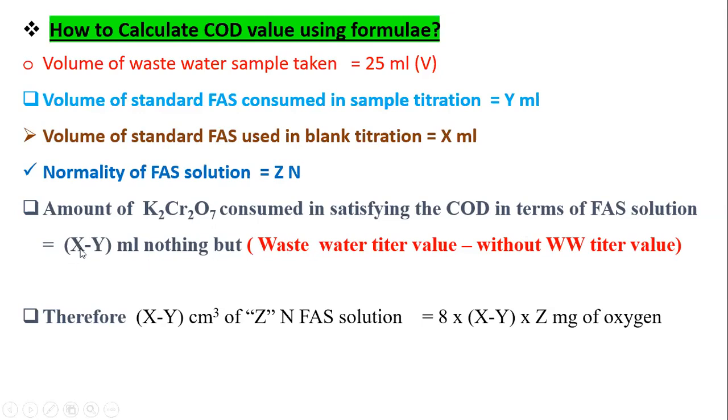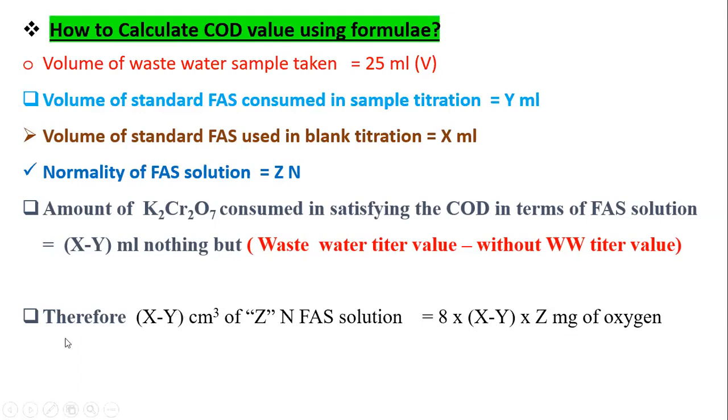I already told you, X is the higher value, the blank titration value, minus the back titration value, that is, the wastewater titer value minus the value without wastewater. Nothing but WW means without wastewater, or distilled water value. Why? Because in distilled water, no K2Cr2O7 will be consumed for oxidation, so it remains, and more will be there.